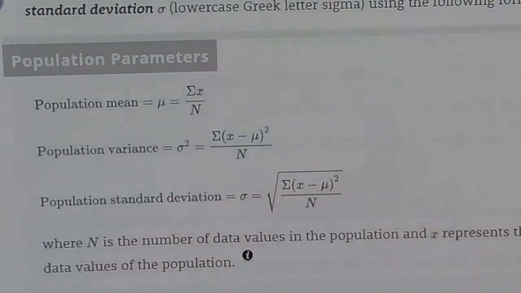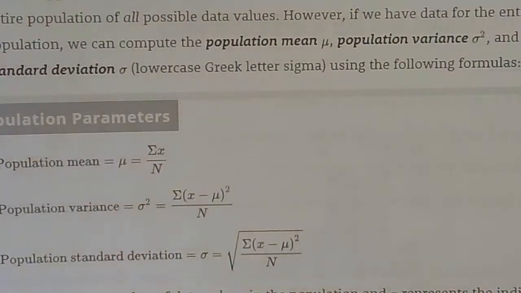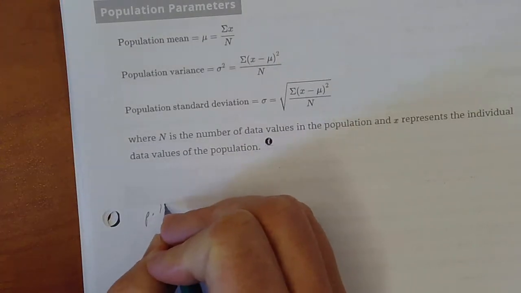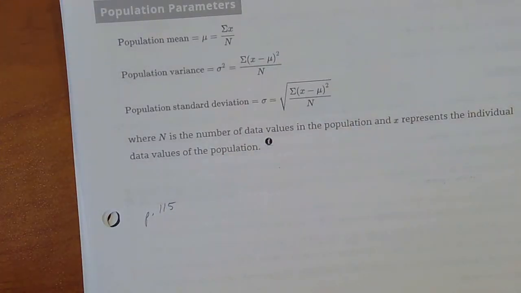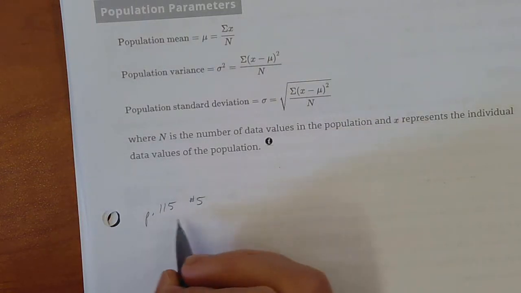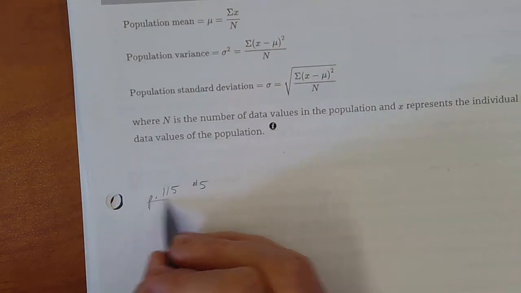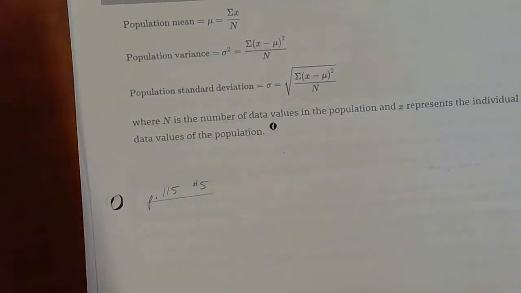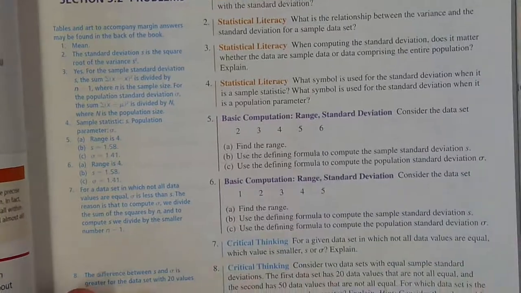Okay? All right. So to wrap this up, I want you to use this space, and we're going to complete page 115, number 5, in the space provided. All right, let me give you a little heads up on what they're asking, though, too, once we get there.